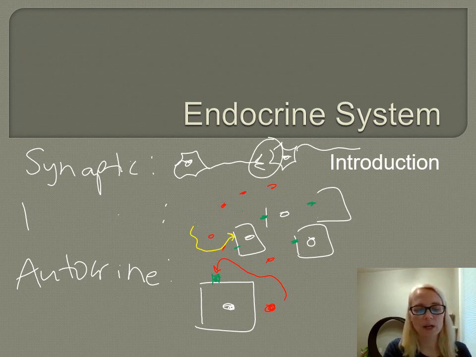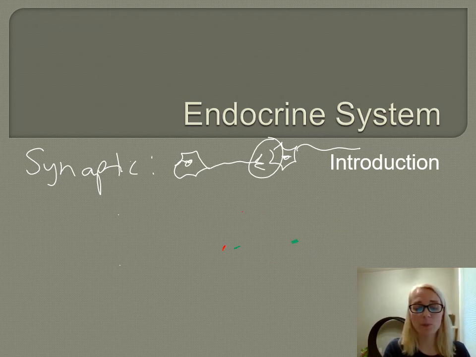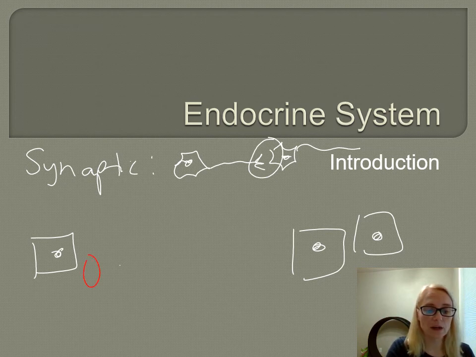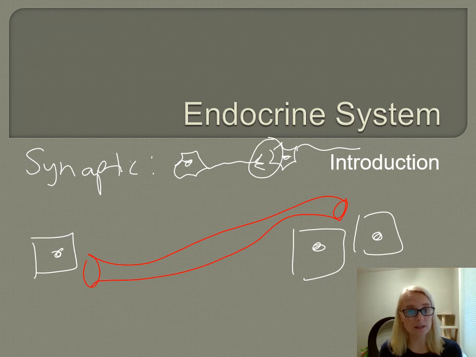The last one that we're going to take a look at, and what this whole chapter is covering, is endocrine. That's a lot of dots to try to erase. Endocrine is like paracrine, but paracrine was local. Endocrine is long distance. Your cell produces its chemical message, and your target cells are usually far away, but they don't have to be. The key is that the chemical reaches its target via the blood supply.